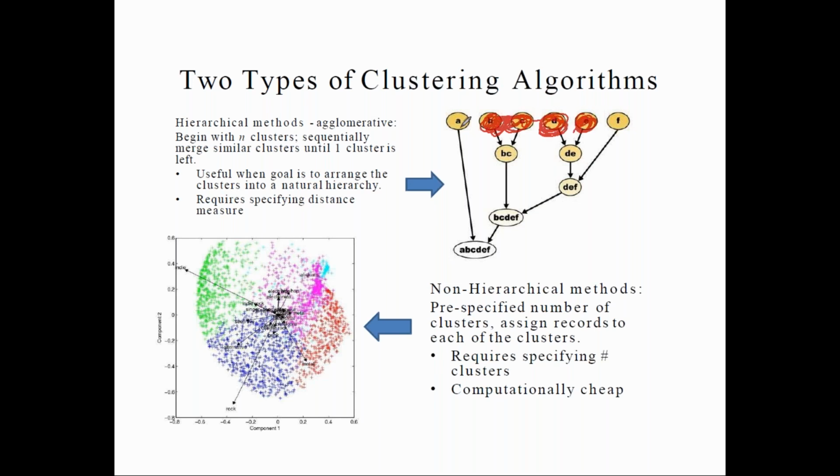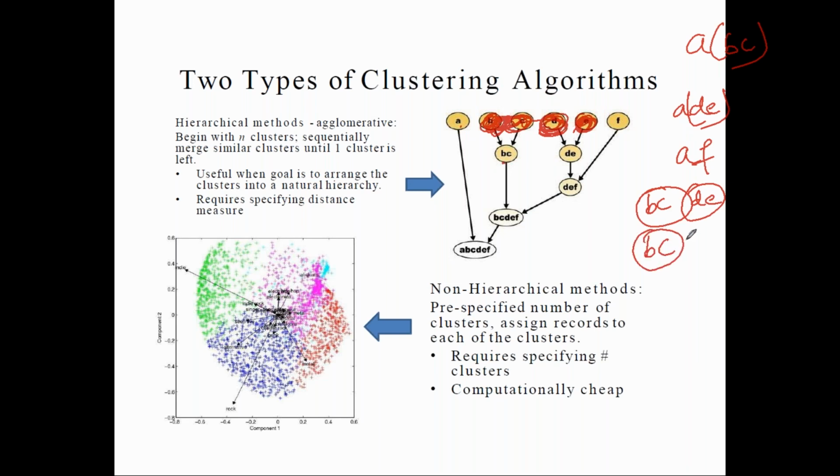Now we are left with only A, BC, DE, and F. Next time you need to calculate the distance between A and BC, A and DE, A and F, BC and DE, BC and F, and DE and F. You need to calculate the distance like this.